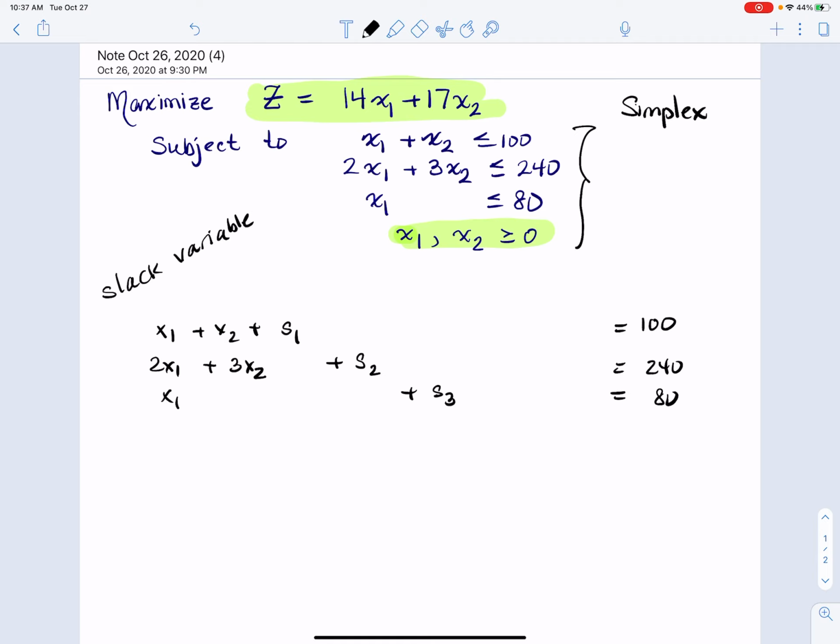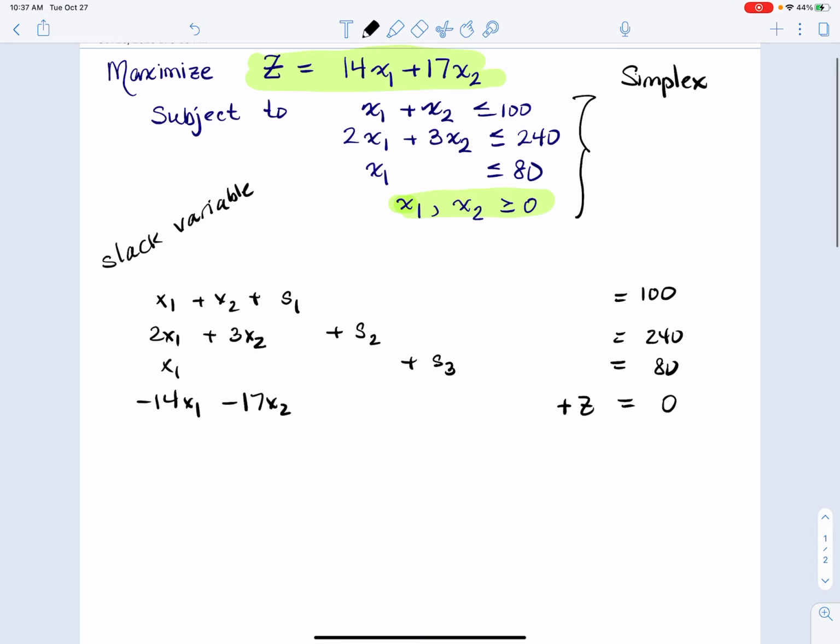So that means I'm going to have negative 14x1 minus 17x2 plus z equals 0. Okay, so there is our list of equations. And again, we did that so that the z could remain, just like S1, S2, and S3, with a coefficient of 1. So now looking at this, I'm going to create the initial simplex table.